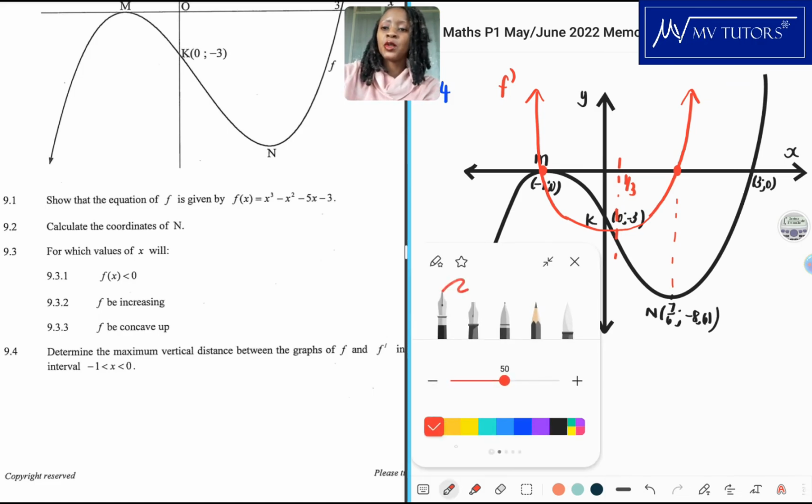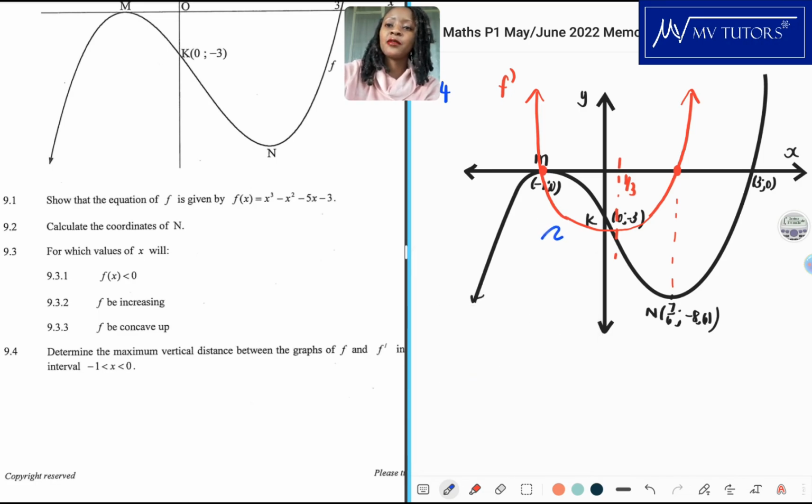If you have a look between -1, so this is -1, at this point here, up until 0, that is really our range that we are interested in. And if I look here, you have a small distance between the functions, but somewhere in the middle here we actually have the maximum vertical distance.